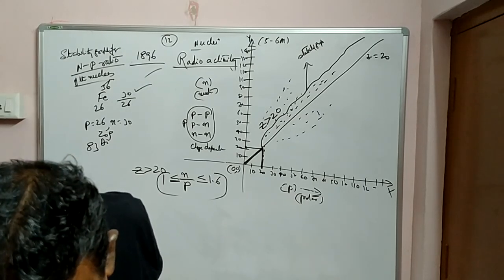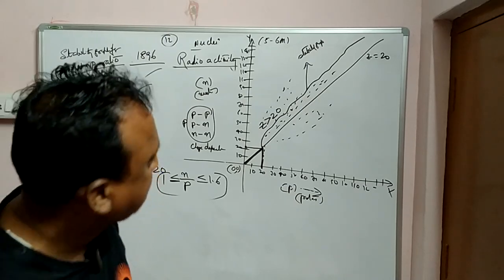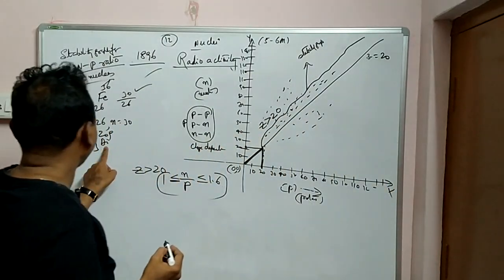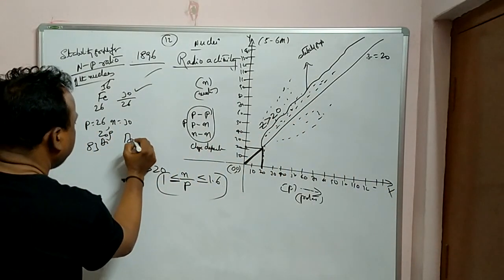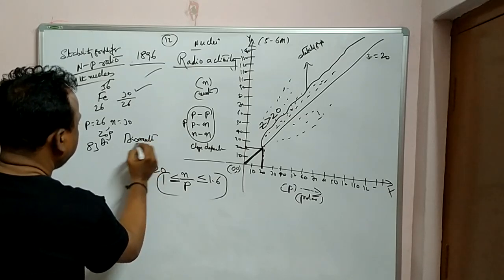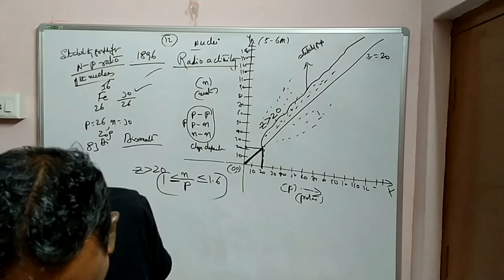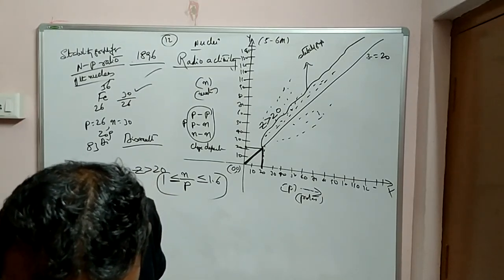So up to 83 you can take this one. That is the last atom there. Okay, na? Like that you can take it and explain the stability graph.